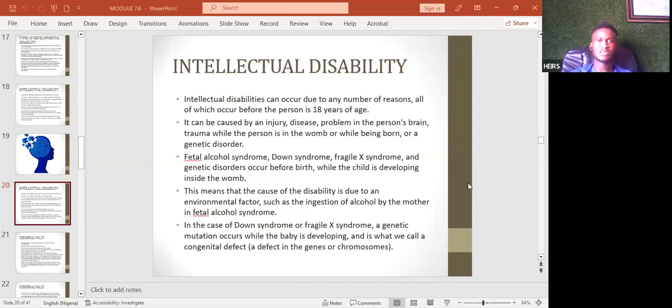Now I said that intellectual disabilities can occur due to any number of reasons, all of which occur before the person is 18, and I've explained why.